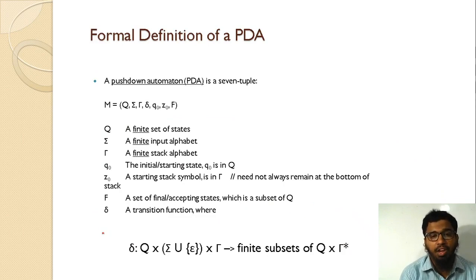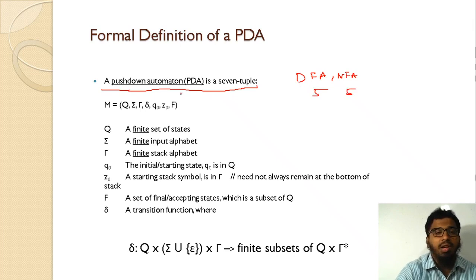the formal definition of PDA. In the formal definition of PDA, the pushdown automata, first it has 7 tuples. How many tuples will be there? 7. But in DFA and NFA we will have 5 tuples, but in PDA it has 7 tuples.